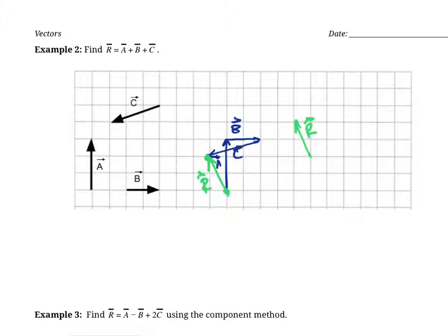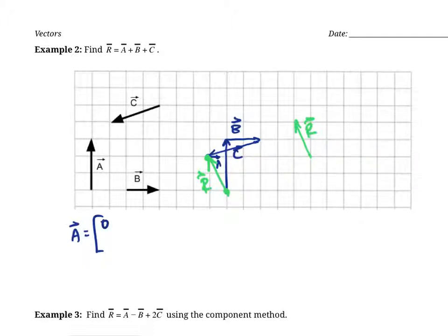So this requires us breaking down each vector into its parts and representing them all. And the easiest way to do this, I believe, is in matrix notation. So we did this in the last lesson. How can we represent vector A? Let's use blue here. How do we represent vector A in matrix notation? Well, remember it's the x and then the y coordinate. A doesn't go to the left or right, so the x coordinate is 0.